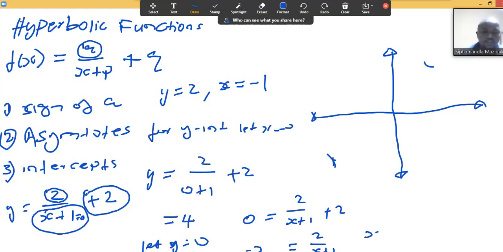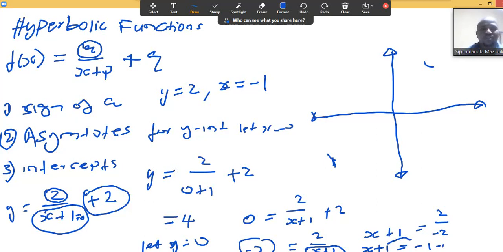What you have is x plus 1 is equal to 2 over minus 2, because you just swap this denominator with our minus 2 here. That is mathematically fine. Then we are left with x plus 1 is equal to minus 1. So x will be minus 2, because we take that 1 to the other side and it changes sign to make it minus 1 here. That is how we get our minus 2. So we have our intercepts.